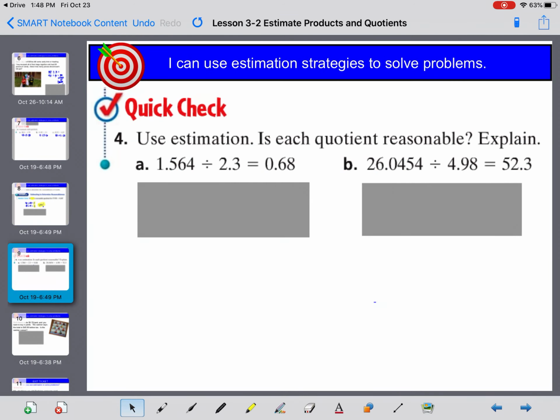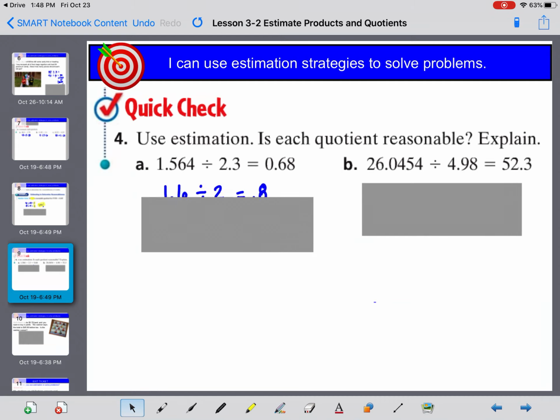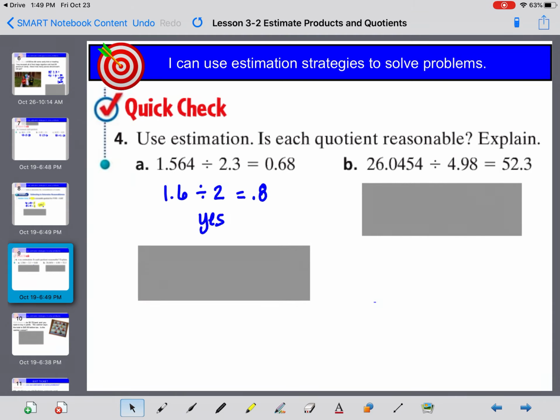You try. Pause the video and give these two problems a try. Then come back to compare your answer. The compatible numbers I chose were 1 and 6/10 and 2. When I divide that, I get 8/10. To me, 8/10 is pretty close to 68 hundredths, so yes, that is a reasonable quotient.